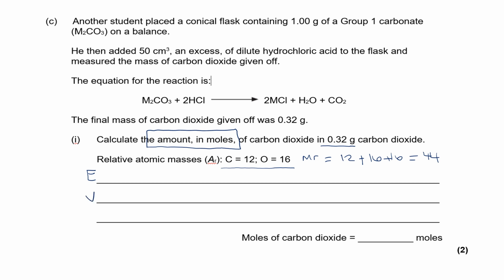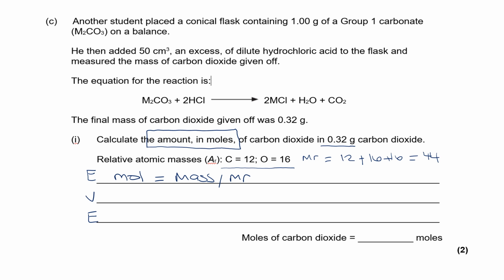And I would always encourage students to remember the equation for calculating moles, mass or MR in the format of moles equals mass divided by MR. So the V stands for the values of the variables.